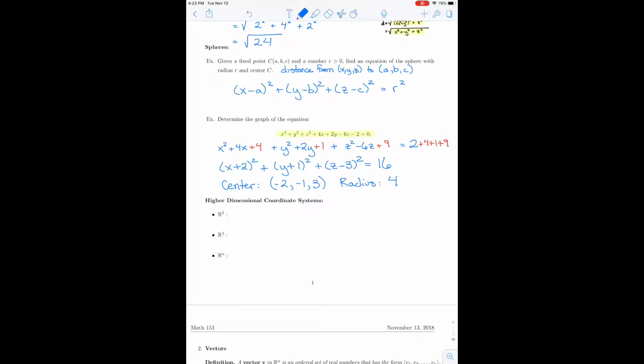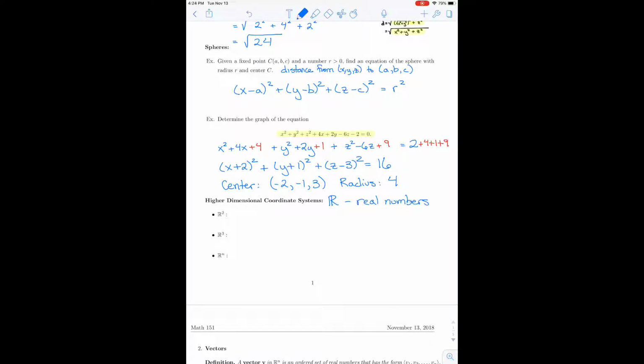When we talk about higher dimensional coordinate systems, we're going to use some notation. Sometimes you have seen the symbol R with an extra line, which represents the real numbers.